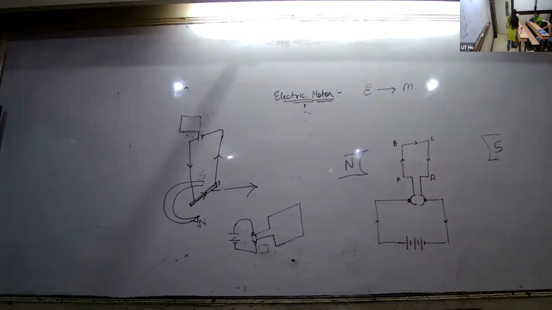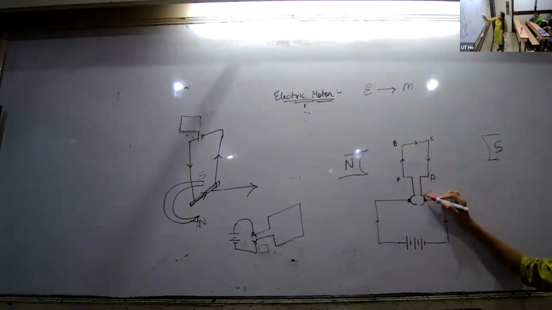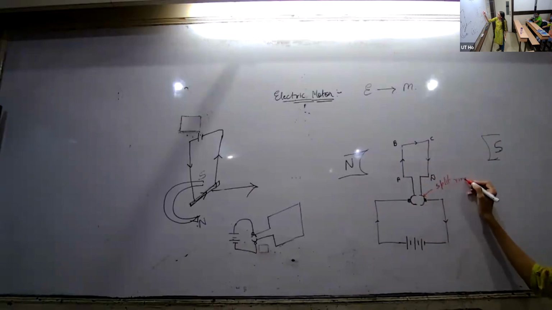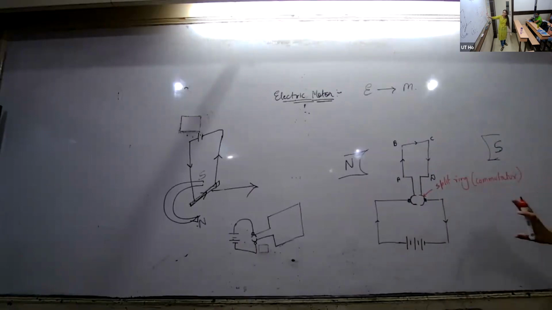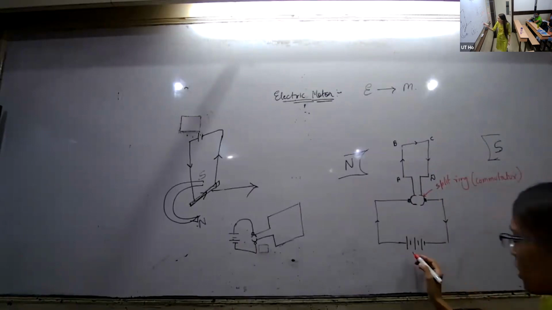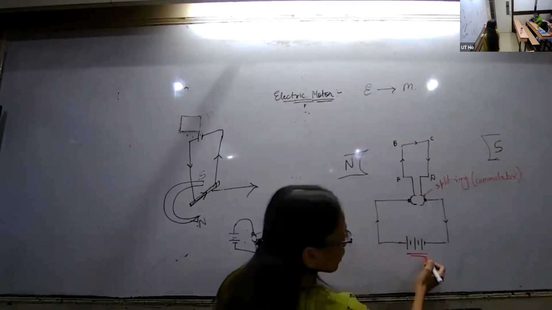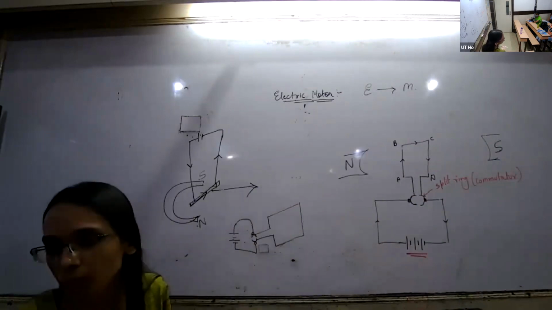And this thing is known as, this is very important, split ring, or it is known as commutator. And why is it known as commutator? Because it is going to play an important role in switching the direction of current. We'll see that video which will help you understand more in the 2D format. Of course, this is the power supply. And which power supply are we giving, DC or AC?